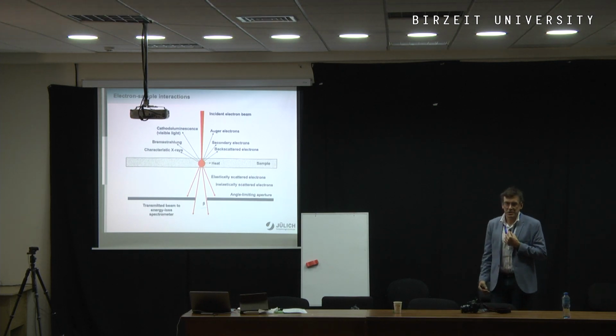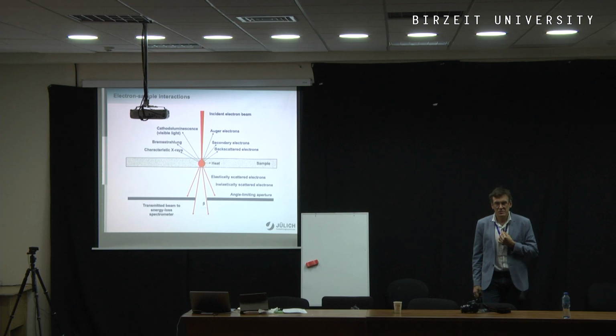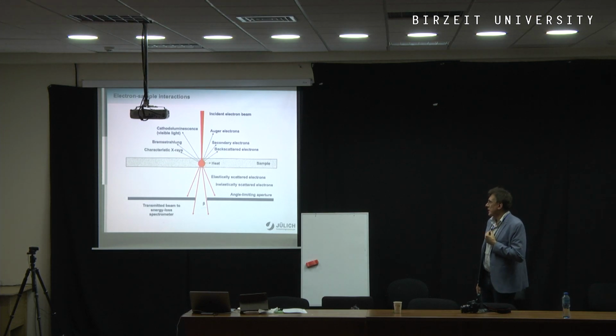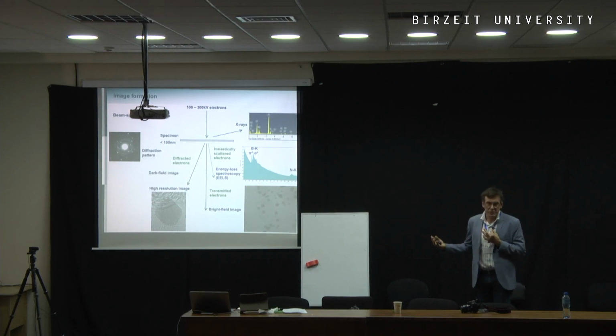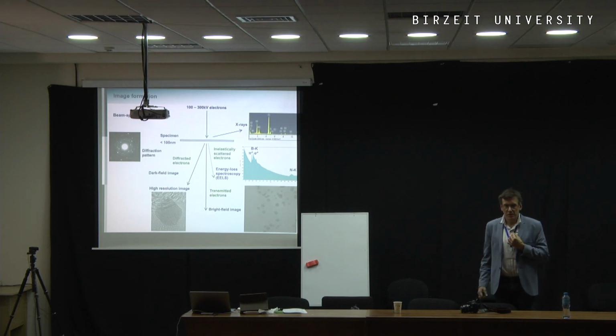And those electrons can either be recorded as images or as diffraction patterns, or they can be passed through to a spectrometer. And so these are the different signals which we typically record: images, diffraction patterns, or spectra.